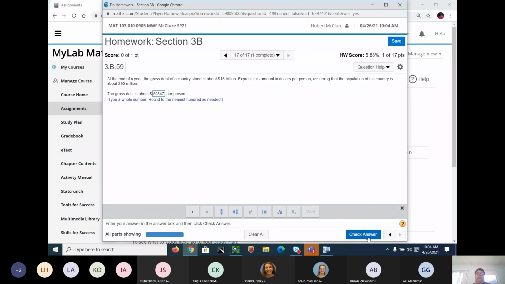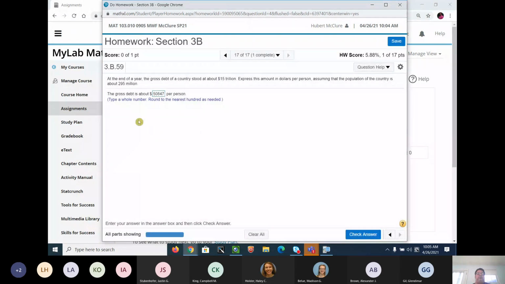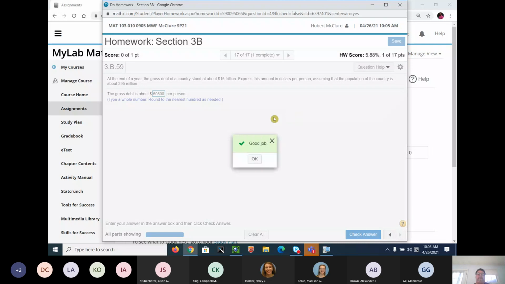So check. Whoop. They wanted it in scientific notation. Oh, round to the nearest hundredth. So that would be, I don't know, you could say 50,900 or 50,800, since that 4. There we go.